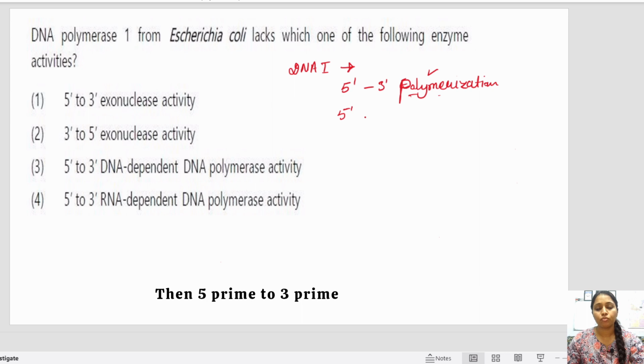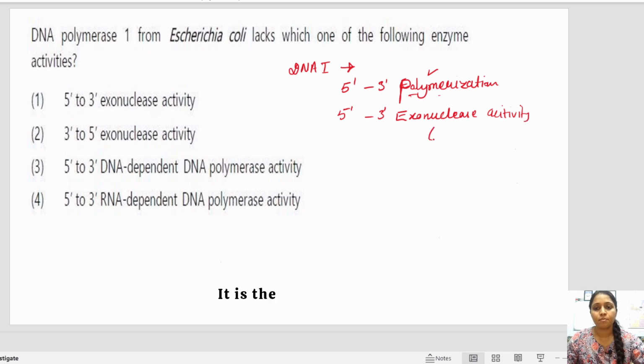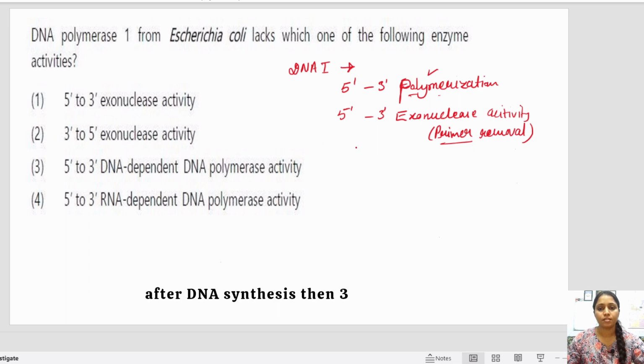Then 5' to 3' exonuclease activity. It is the primer removal activity. It removes the primer after DNA synthesis.